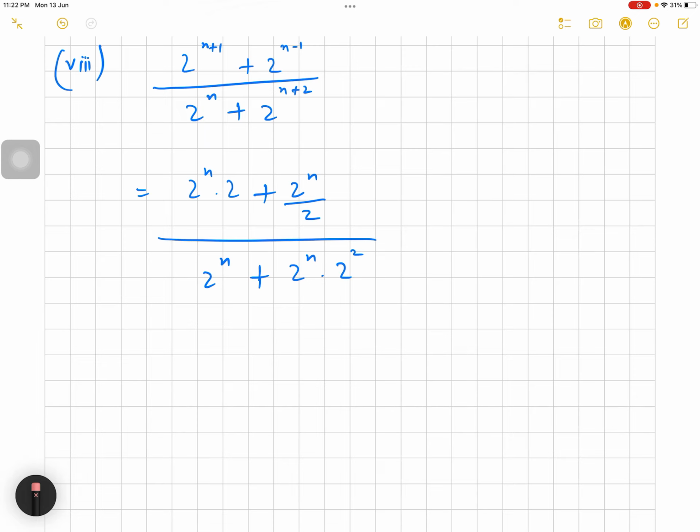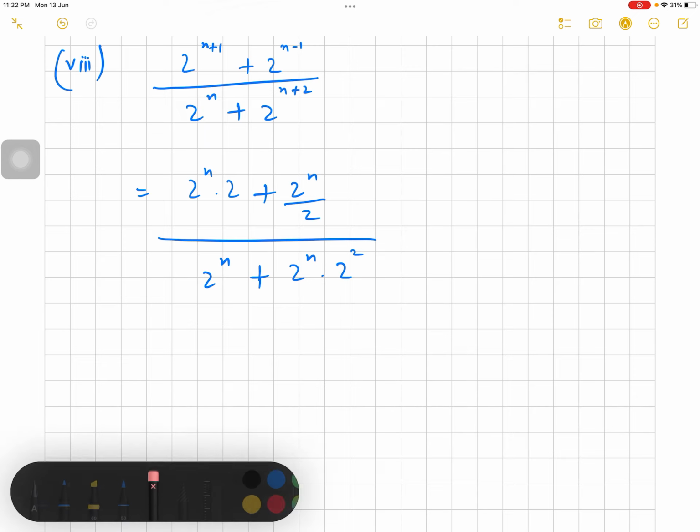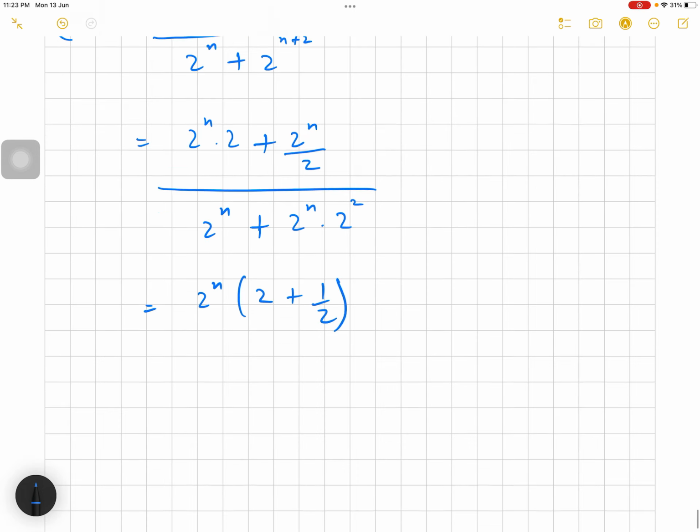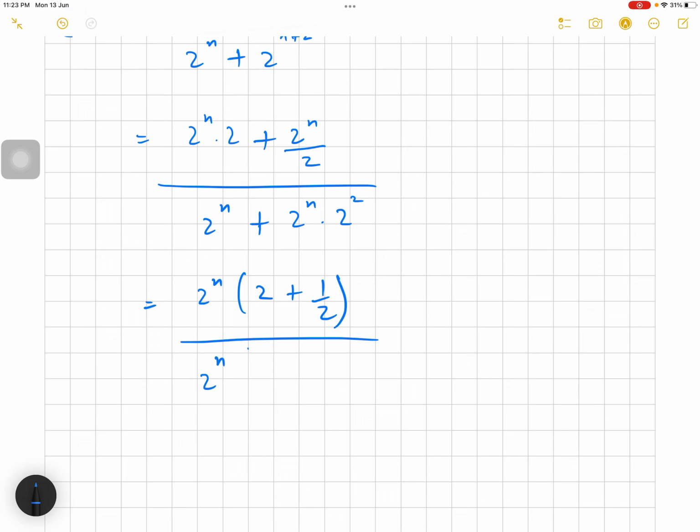So here 2 raised to n is common. So I'll bring that out. 2 raised to n is common. So the remaining thing is 2 plus 1 by 2. Okay. Here again 2 raised to n is common.